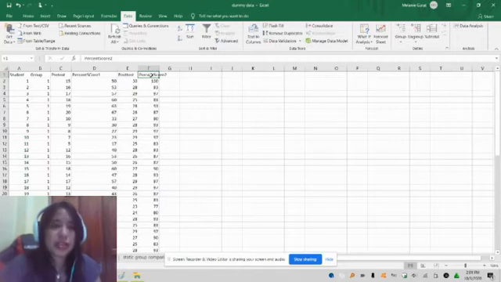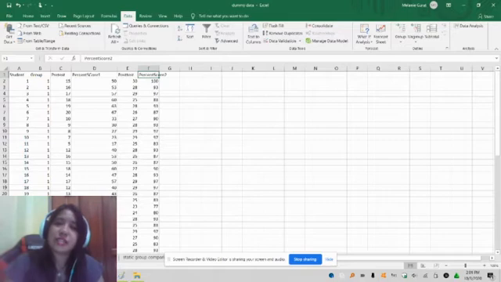Okay, so what we need to do is to identify what appropriate tests we can do for us to come up with an answer to the question, is there a significant difference in the gain score? First, we need to define what the gain score is. The gain score is defined as the difference between the post-test and the pre-test.